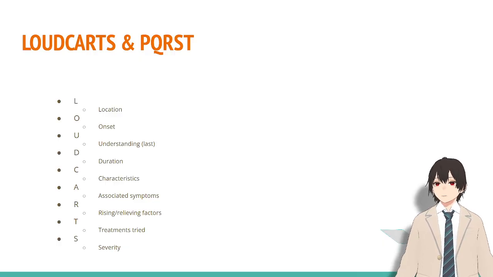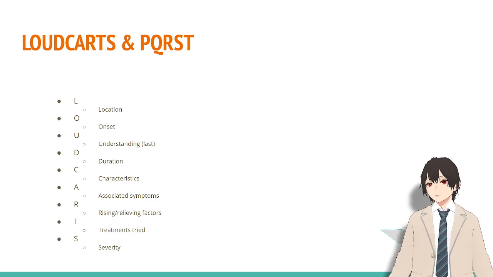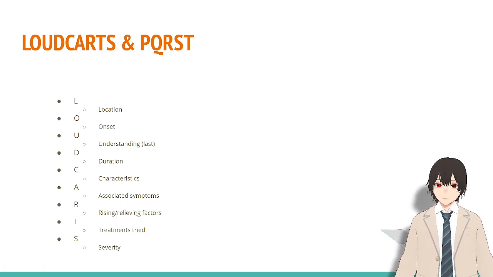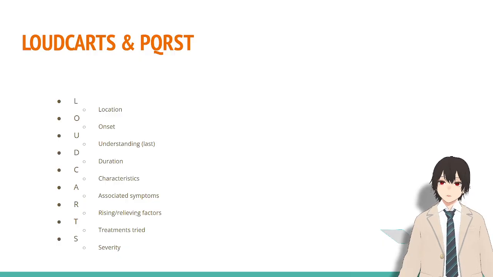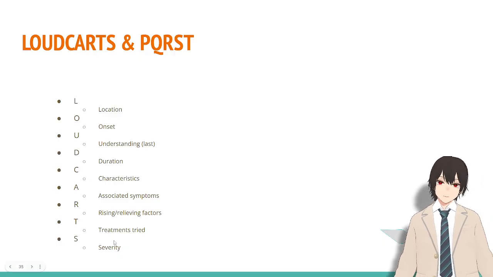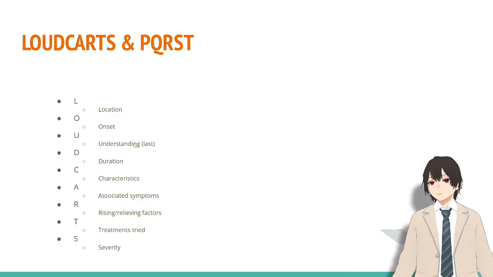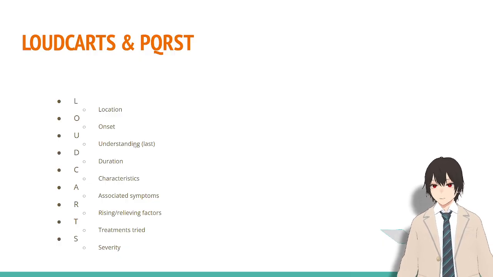Associated symptoms are redness, inflammation of the joint. Relieving and aggravating factors, things that make it feel better, is resting it. Things that make it worse is using it a lot more. Treatments tried, it can be NSAIDs, Tylenol. And then severity, they could say it's a 6 out of 10, right? And when you finally get to the very end, where you talk about understanding, they're like, yeah, it's probably my arthritis flaring up, or something along those lines, okay?